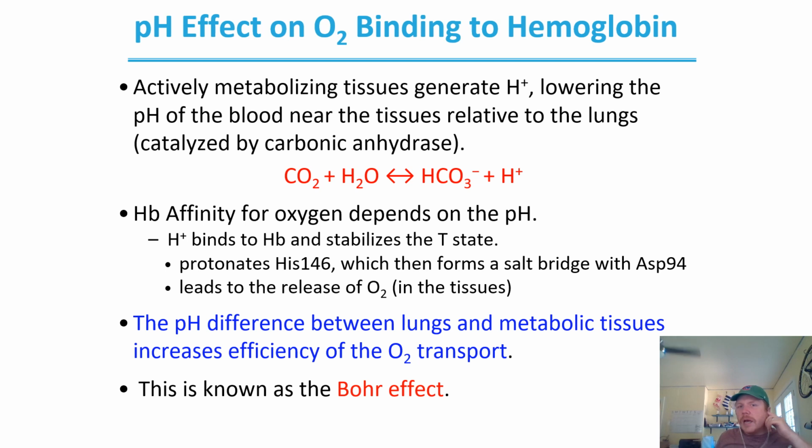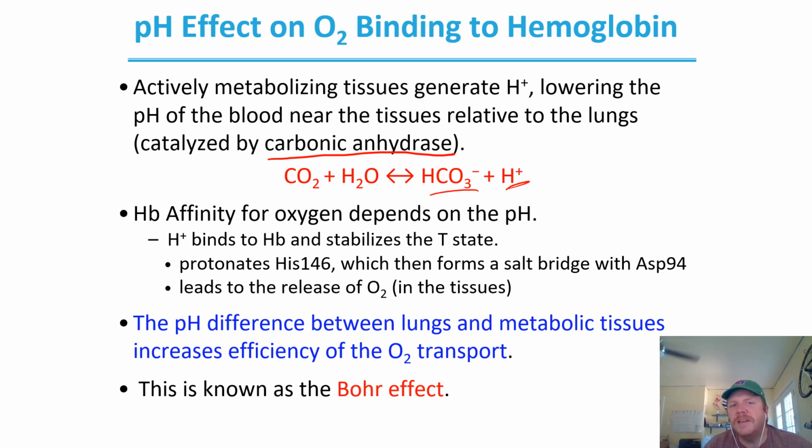So actively metabolizing tissues generate a high concentration of hydrogen ions. Lowering the pH of the blood near the tissues relative to the lungs is going to be done by carbonic anhydrase. That carbonic anhydrase is going to take in CO2 plus H2O to produce hydrogen ions and carbonic acid.